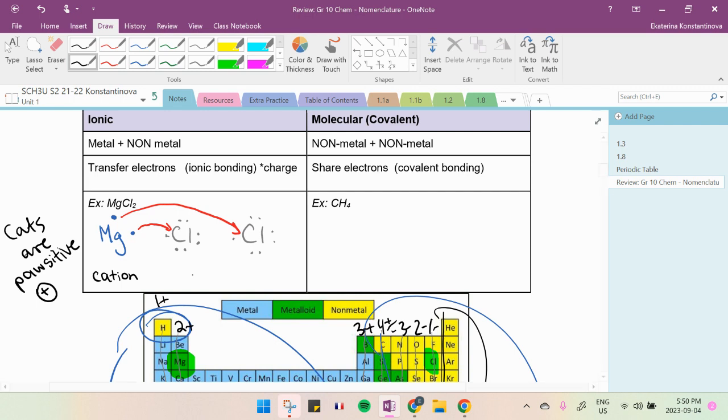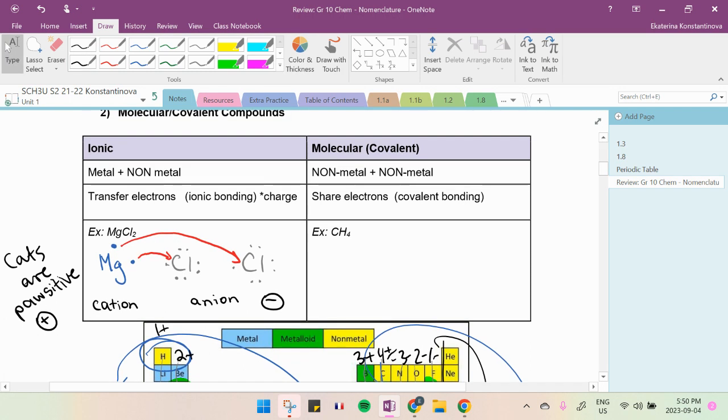Now, chlorine is our anion. You can think of the word onion. It makes you cry, so it's negative. Okay, or the word an, it starts with an, like anti, so it's negative. Okay, so anions will gain electrons, and chlorine in our case is our anion. So then we're going to talk a bit later about how to write their formula and also how to name.